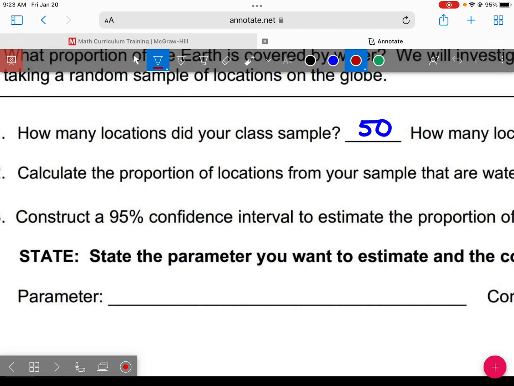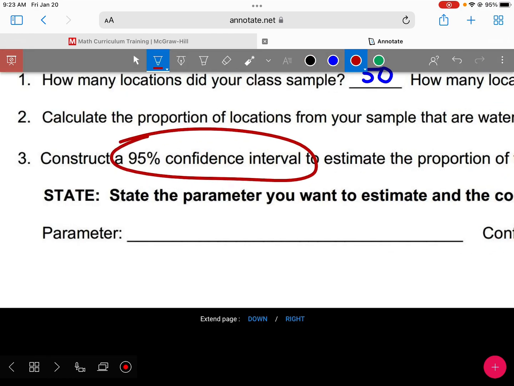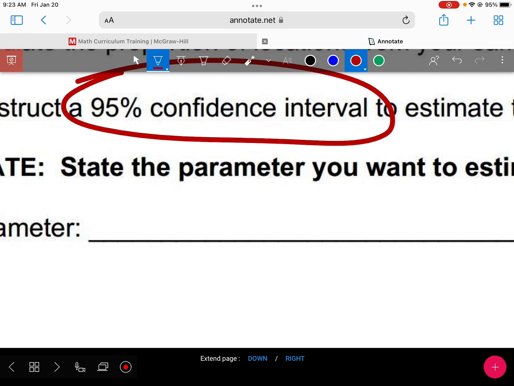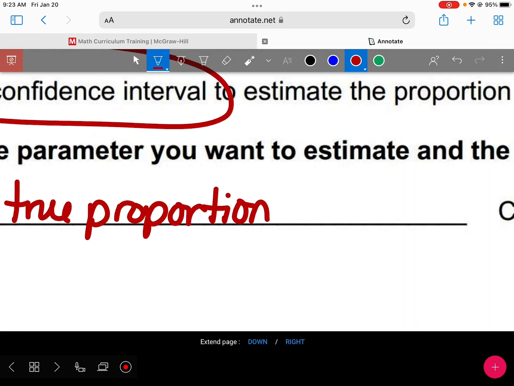And up here in part 3, it said construct a 95% confidence interval. So our confidence level is 95%. So parameter p, the true proportion of Earth covered by water.